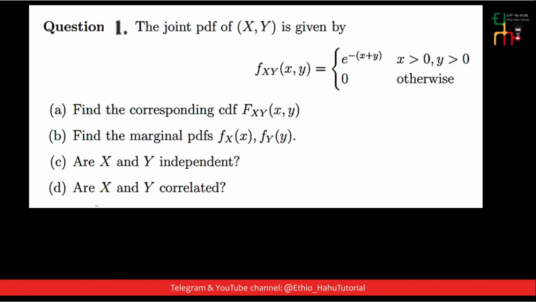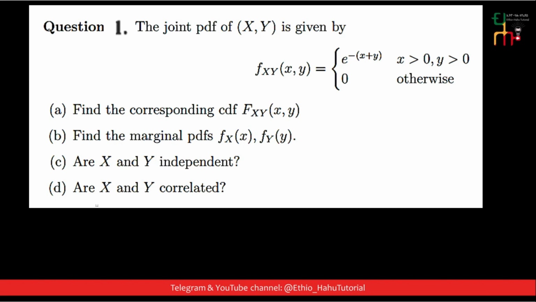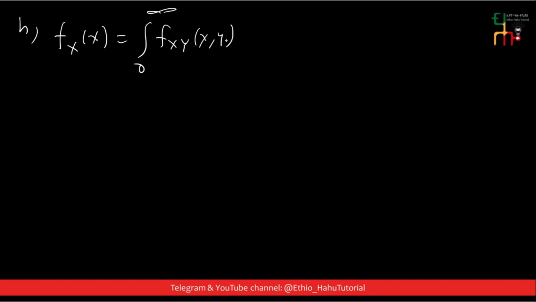If we find this, next the question says: find the marginal PDFs f_X of x and f_Y of y. The marginal PDF f_X of x is the integral from 0 to positive infinity of f_XY of x, y dy, over all y's.